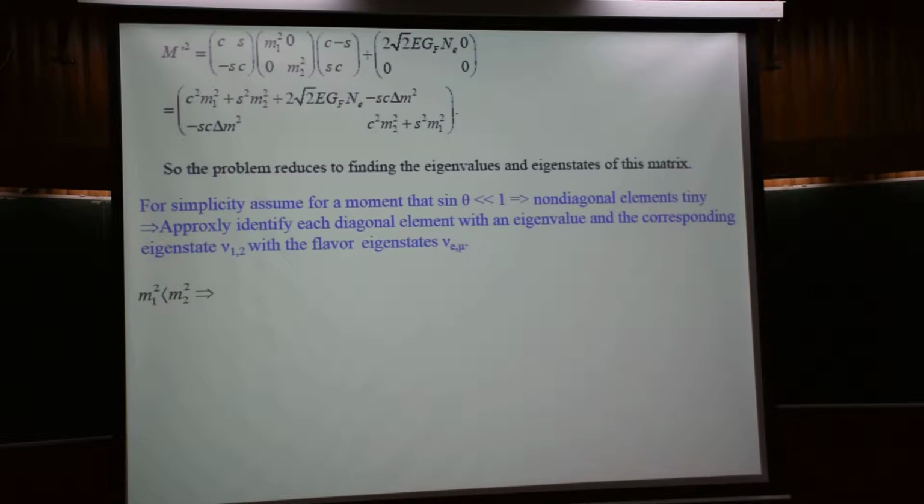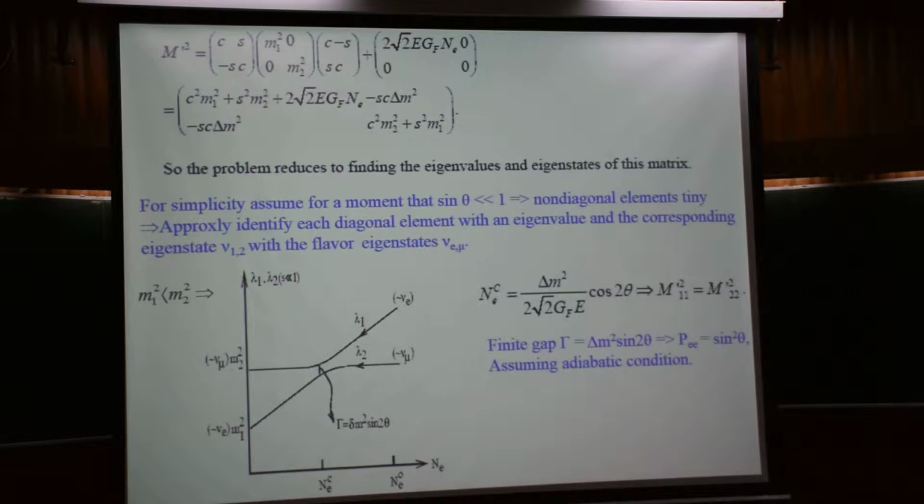So you can identify approximately each diagonal element with an energy eigenvalue, and the corresponding eigenstates nu 1 and nu 2 you can identify with the flavor eigenstates nu e and nu mu.